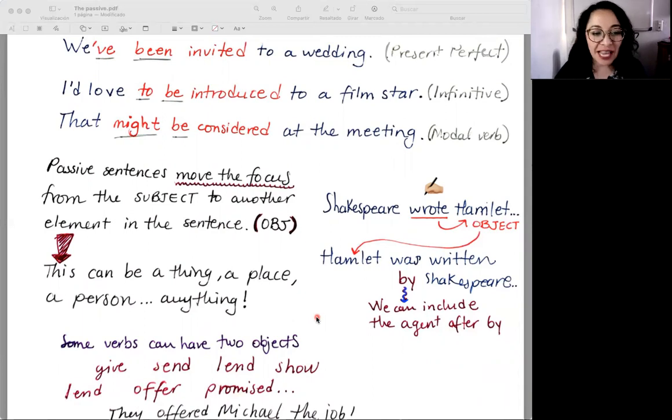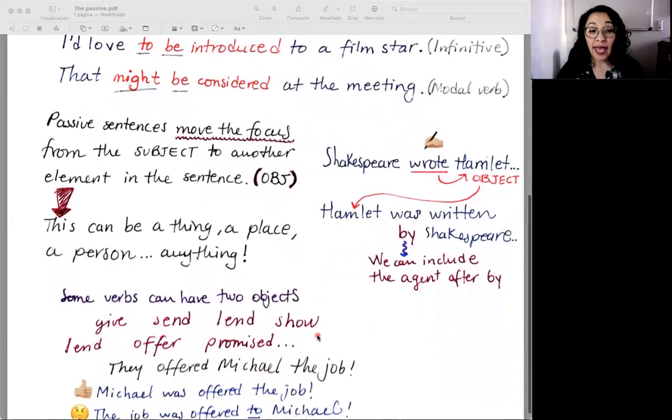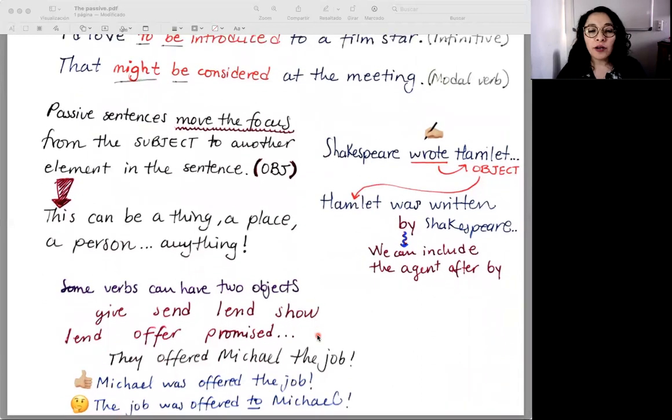And the passive would be more common starting with the person, I mean, the object that is a person, because that would more probably be the focus of the sentence.